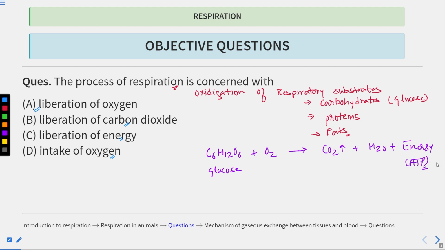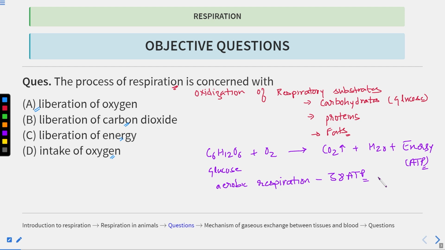During aerobic respiration, 38 ATP are produced.